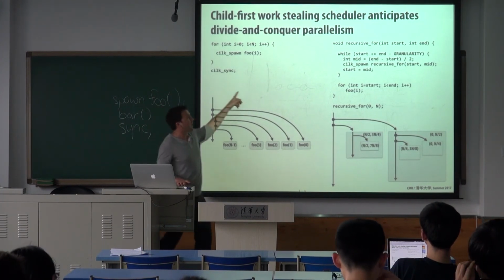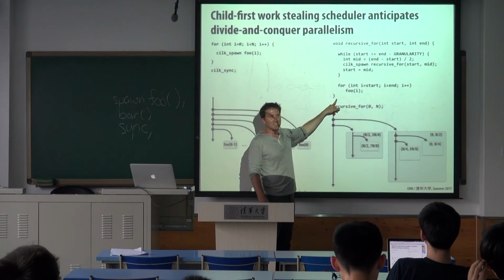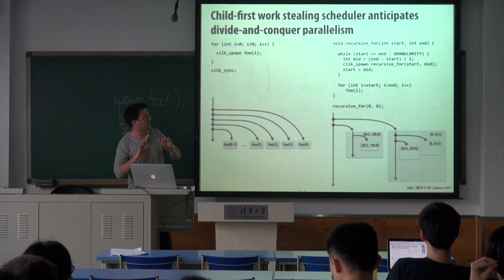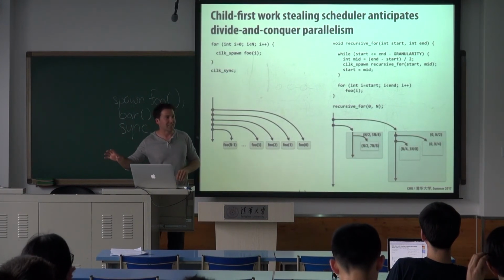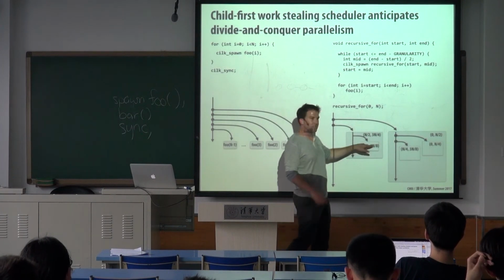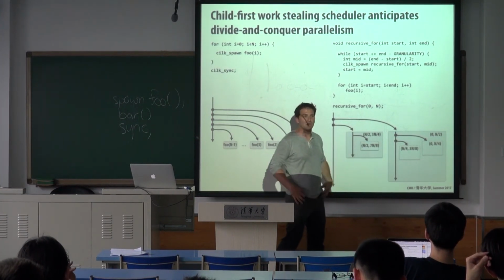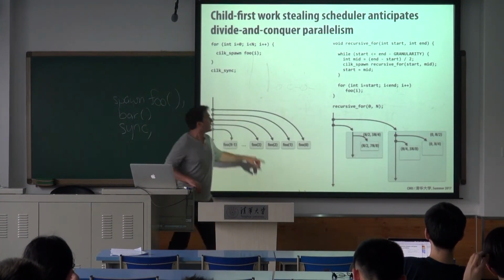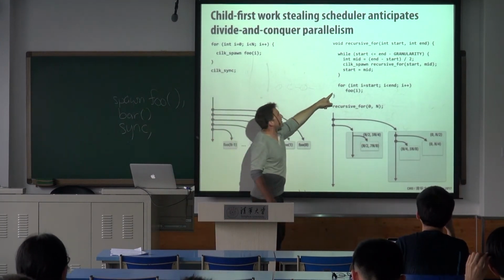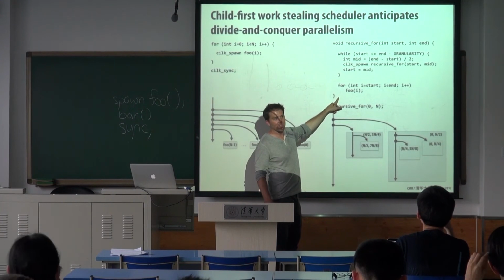Whereas if I wrote the exact same loop in a recursive way, which says, take the 10 iterations and divide it into the first half and the last half, then all of a sudden I start generating iterations in parallel, which is pretty cool. So the for loop in Cilk is actually implemented as this recursive divide.